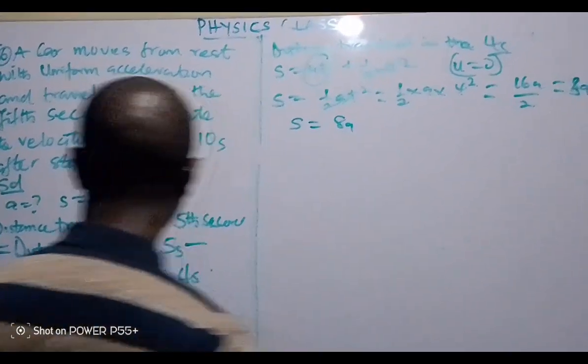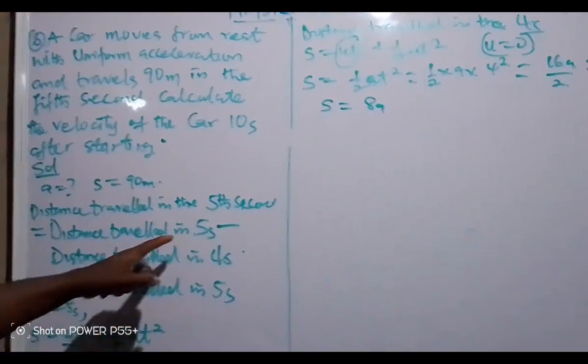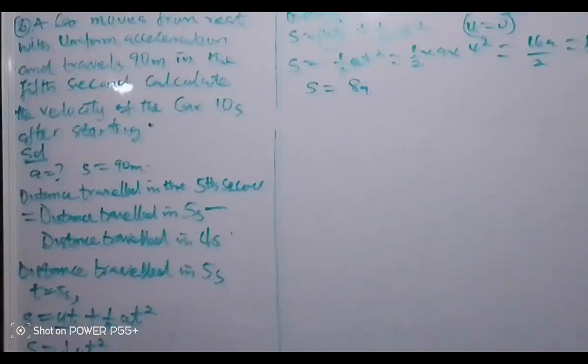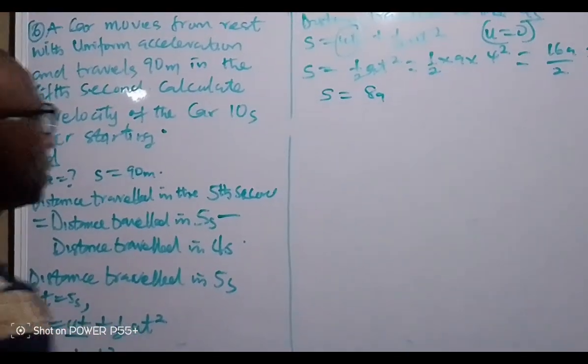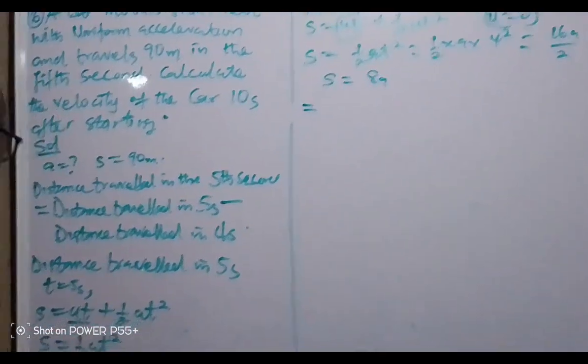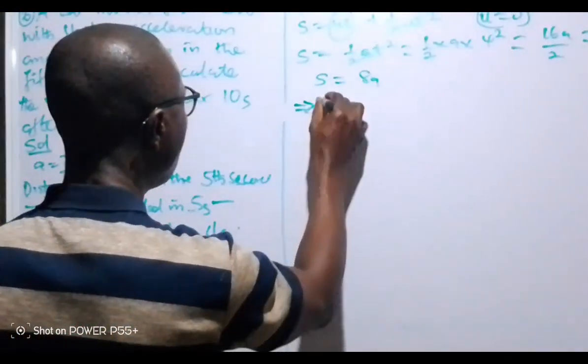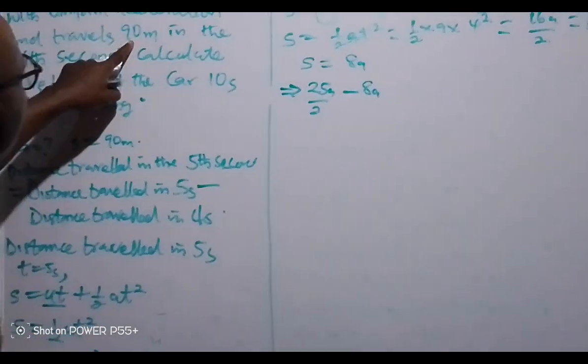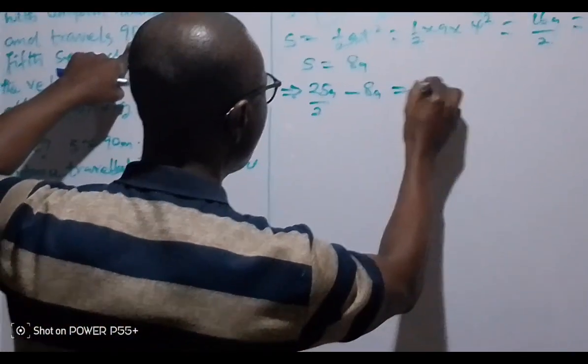And according to the formula given, distance traveled in 5 seconds minus distance traveled in 4 seconds. The distance traveled in 5 seconds is equal to 25a over 2, minus 8a. And according to the question, equation is equal to 90.